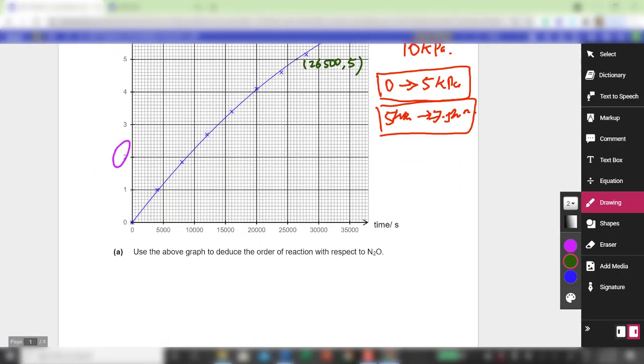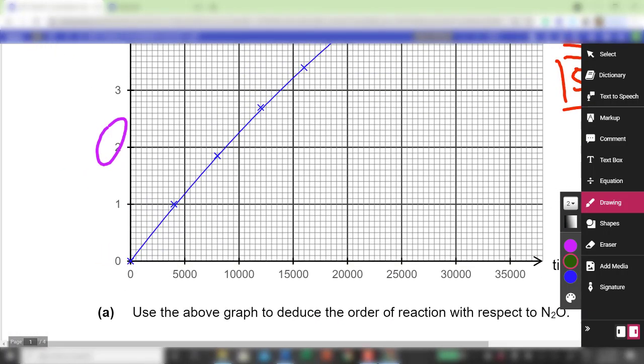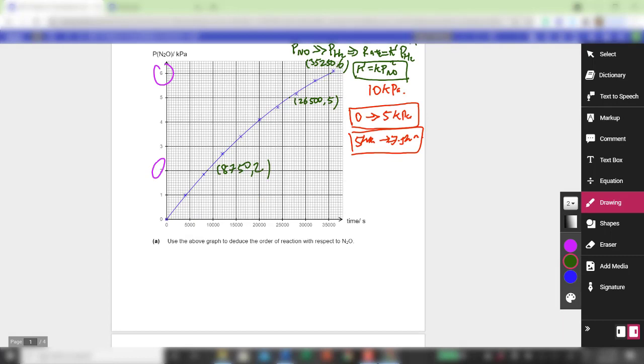Then we'll look at another point, which is at 2. It cuts quite okay-ish here. Maybe I zoom in a little bit more. It cuts here, so that will be 8,750 at 2.